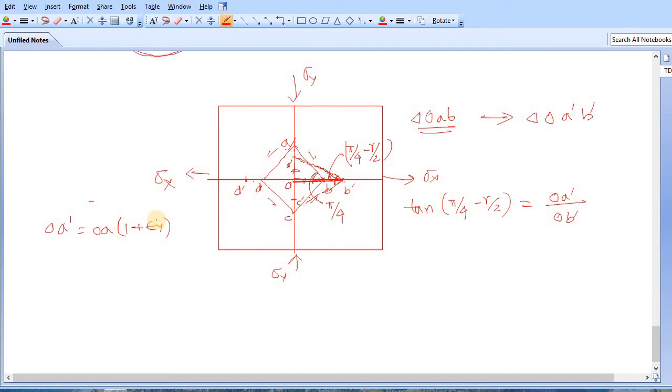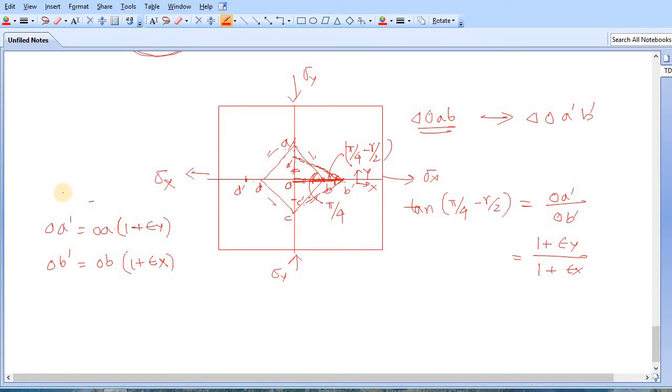You know how it has come. And OB dashed is OB times 1 plus epsilon x in this direction. Okay, this is the x direction and this is your y direction. So tan of pi by 4 minus gamma by 2 has come down as 1 plus epsilon y by 1 plus epsilon x.